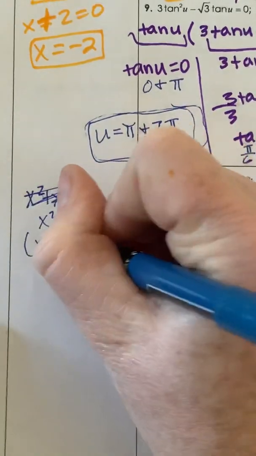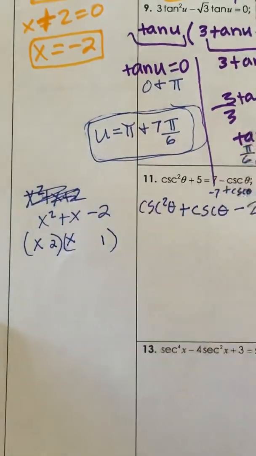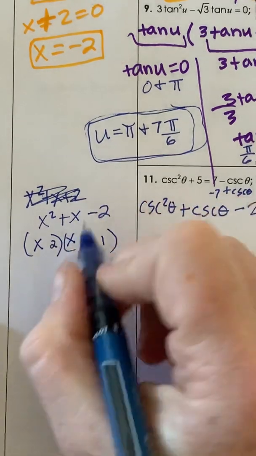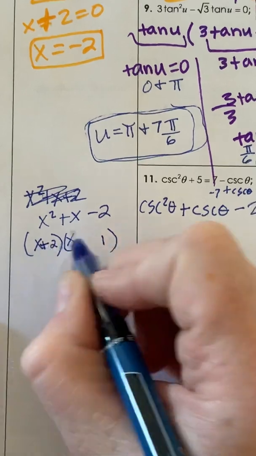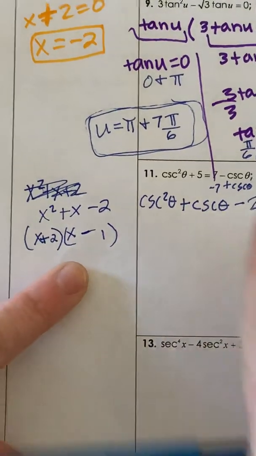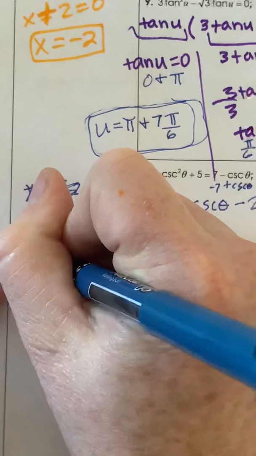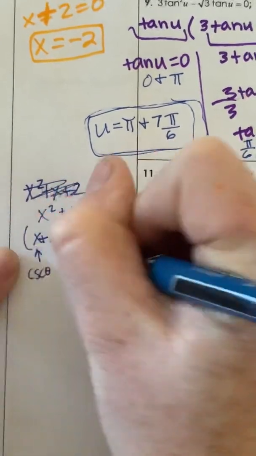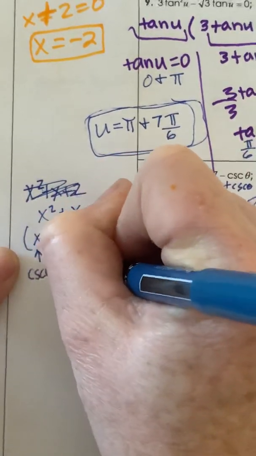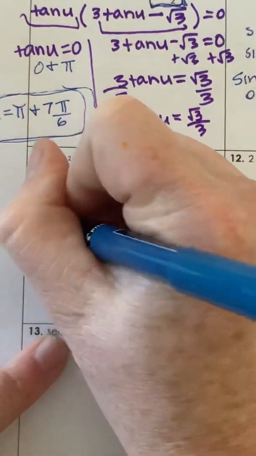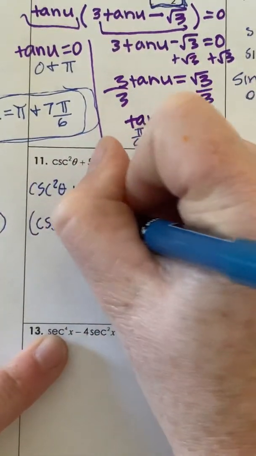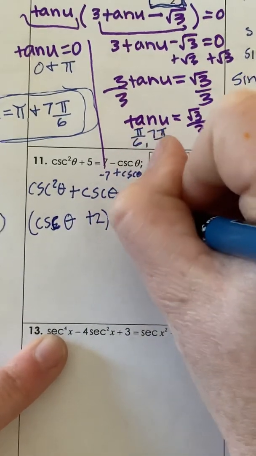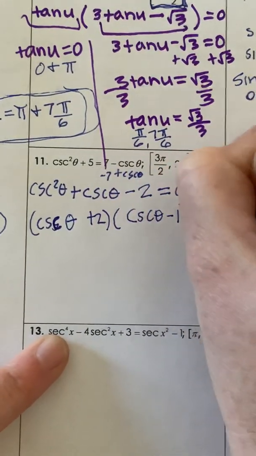Well, x, 2, 1, and we want a positive x, so that would be a positive 2 minus 1. You're going to factor this exactly the same way, but instead of x, it's a cosecant. So this will be CSC theta plus 2 times CSC theta minus 1.